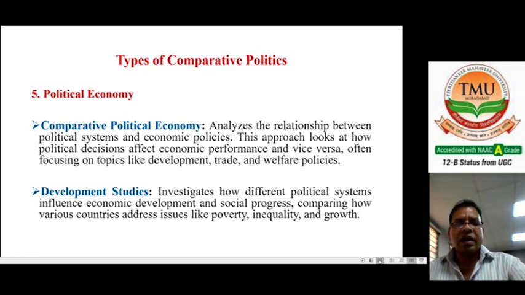We have different kinds of issues like poverty, environmental issues, inequality, and the distribution of wealth in unequal manners, and these are covered in comparative politics under developmental politics.